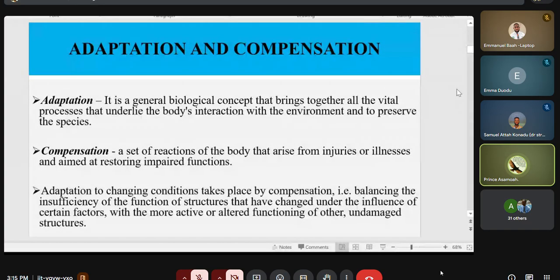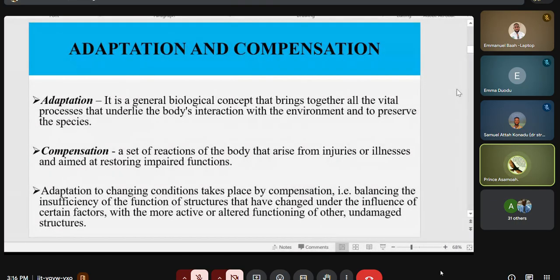That is adaptation. So all the processes that are needed to preserve the life of the cell, even when the stressor is impeding on it, that is adaptation. Now, compensation. The difference between adaptation and compensation is simple.